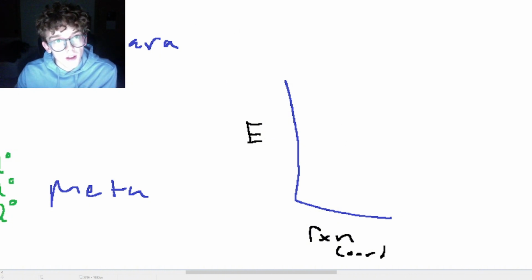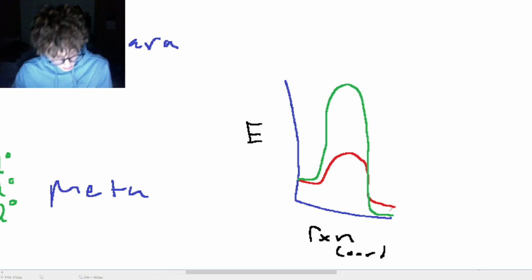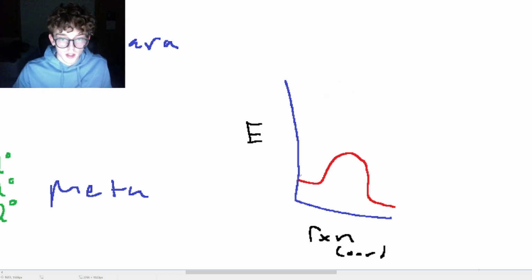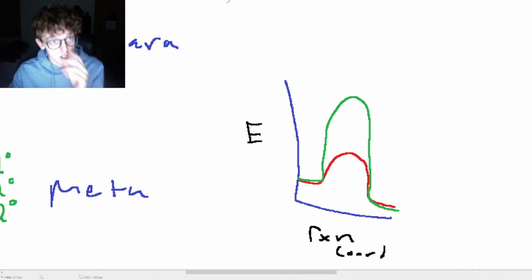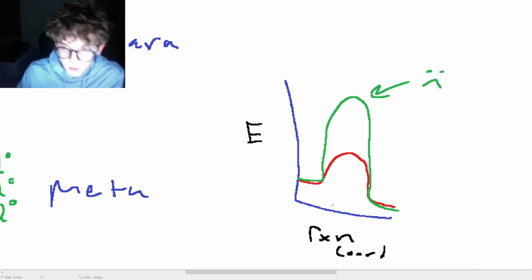If we're going to say red is para, we'll see that the activation energy of the reaction is like that. But if we looked at meta, it would be something more like this. Takes a lot more energy, right? So the activation energy of the meta is a lot more, and that is no bueno if we want the reaction to occur.